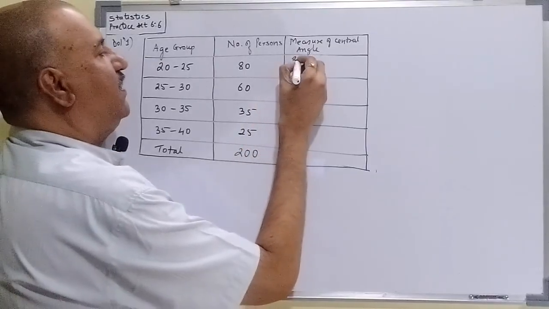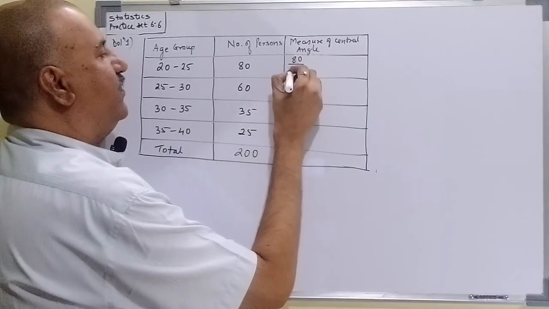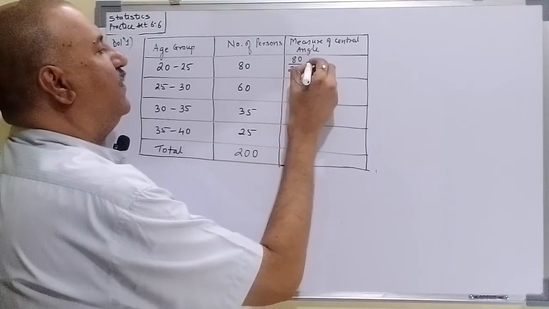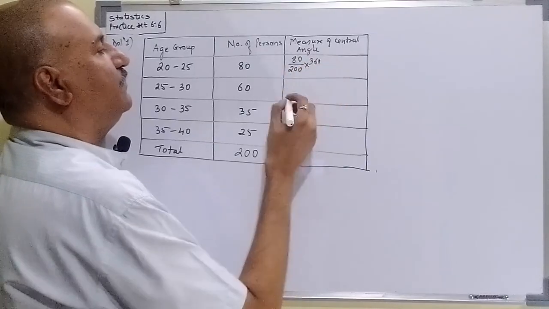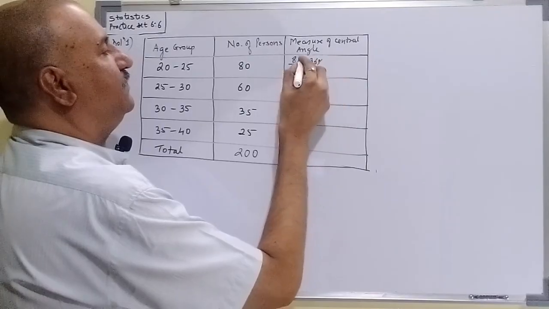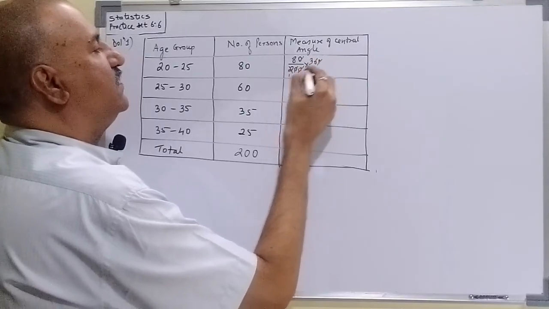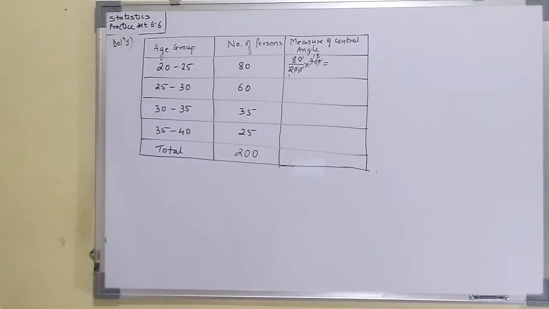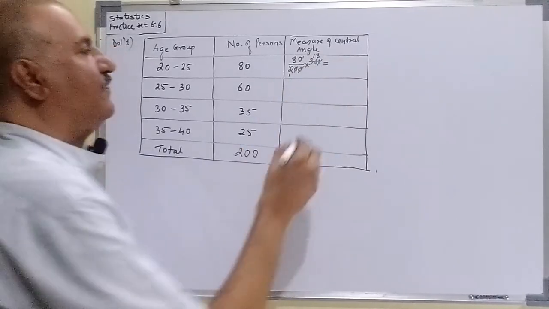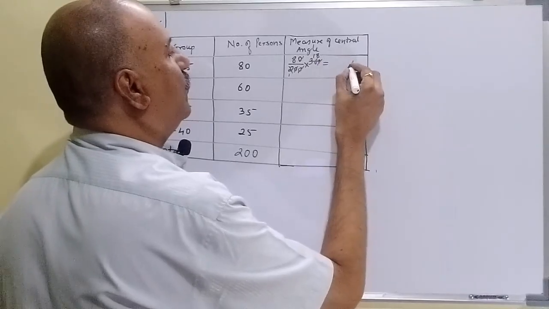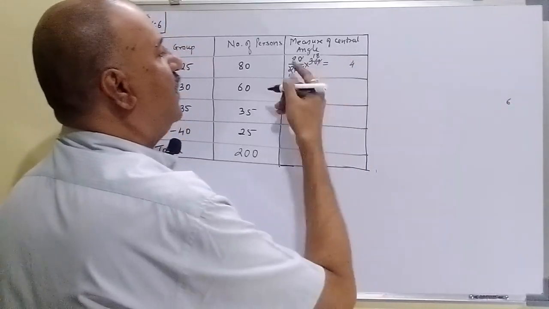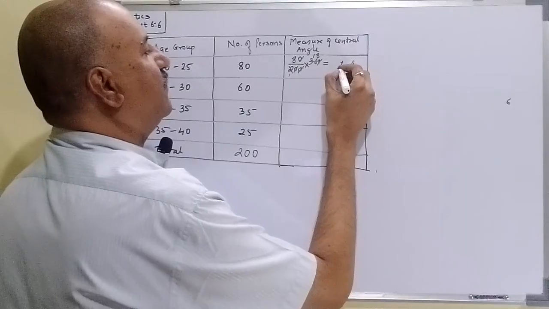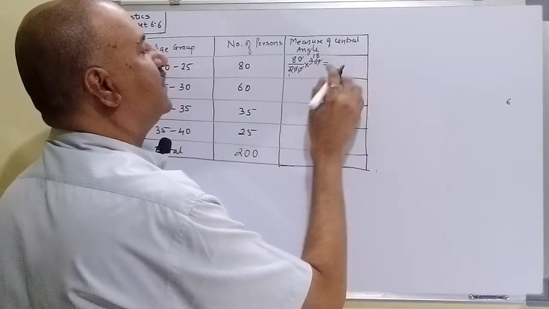So it will be 80 upon 200 into 360. Here 0, 0 cancel. 2 18s are 36, 8 8s are 64, 8 ones are 8 and 6, we have 144 degrees.